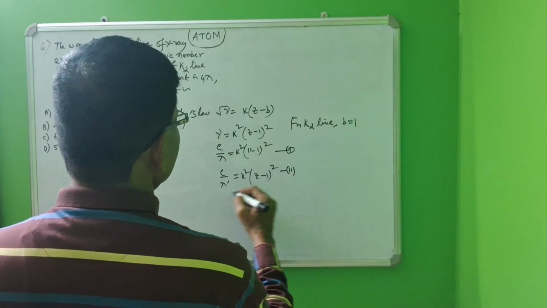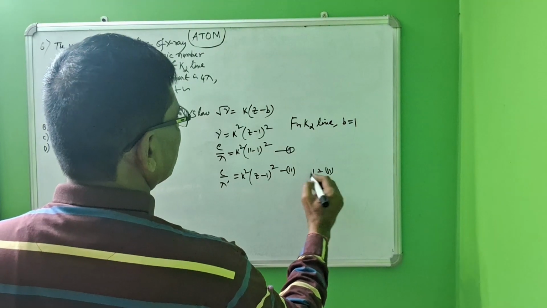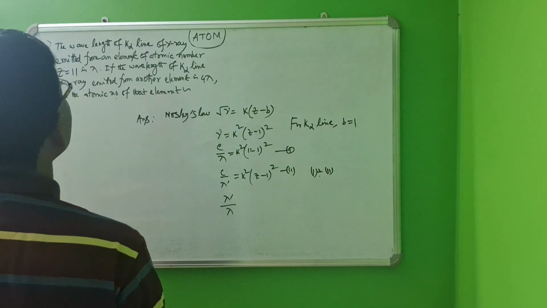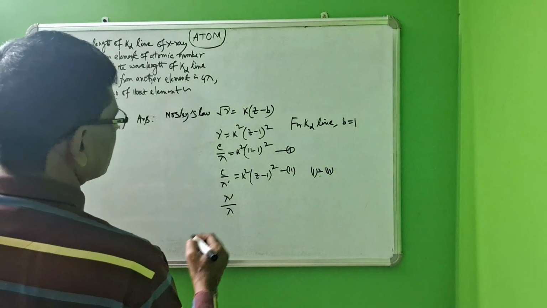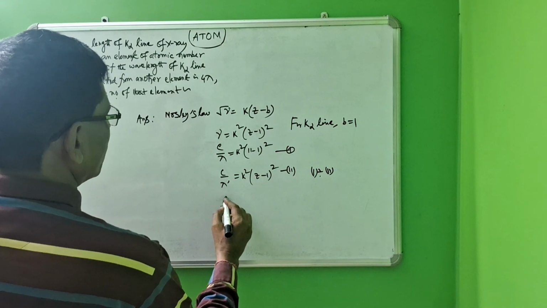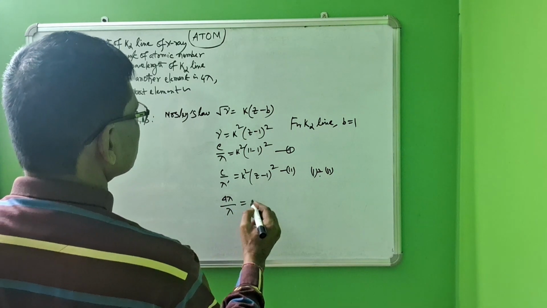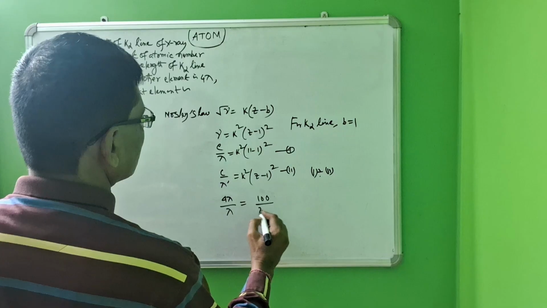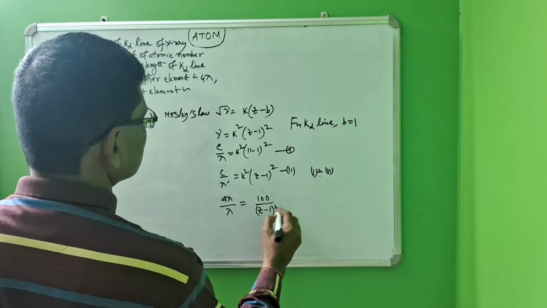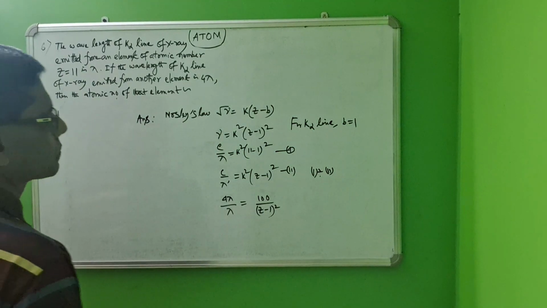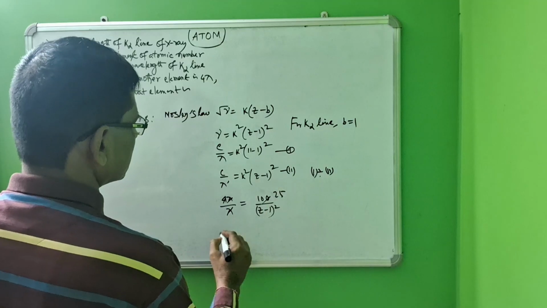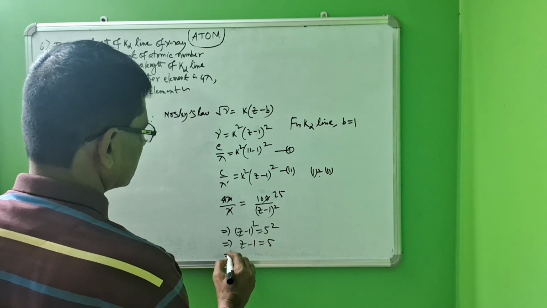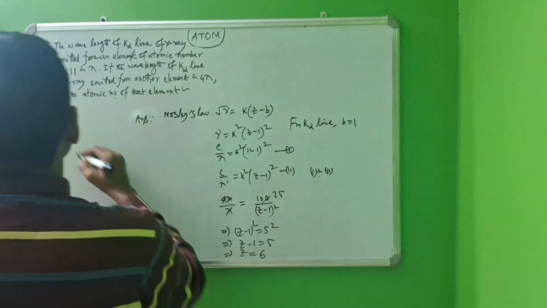So this is 1, this is 2, we get 1 divided by 2, lambda dash by lambda, which is given as 4 lambda. So answer C.